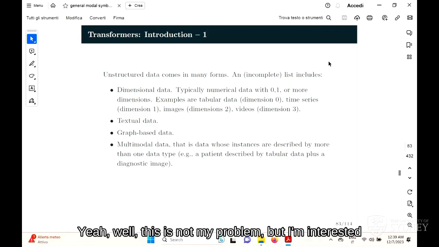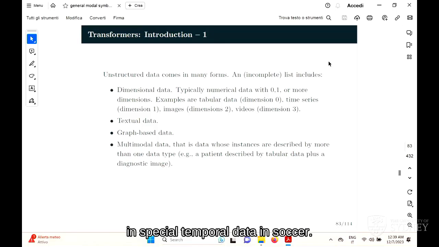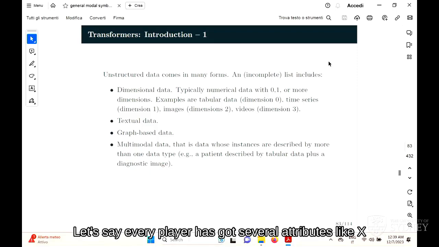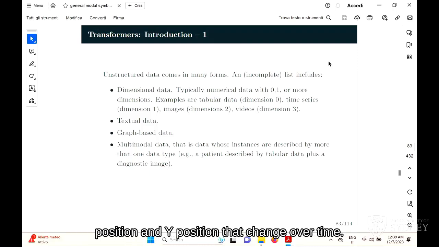Yeah. Well, this is not my problem, but I'm interested in spatial temporal data in soccer. X and Y for the players. Good. It is spatial temporal, but it is just like our first example. Every player has several attributes like X position and Y position that change over time.